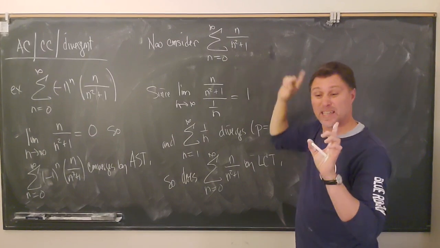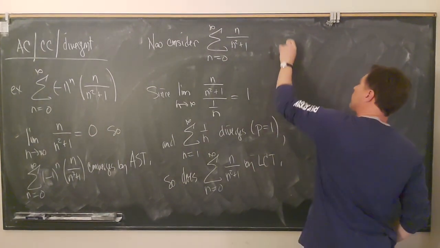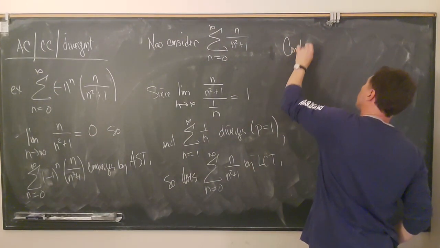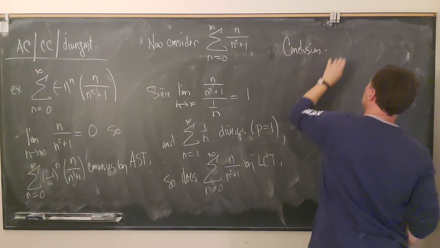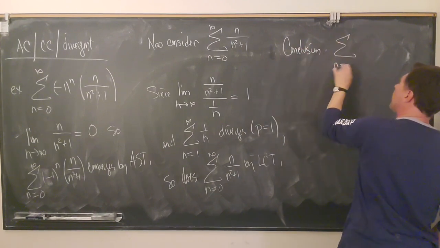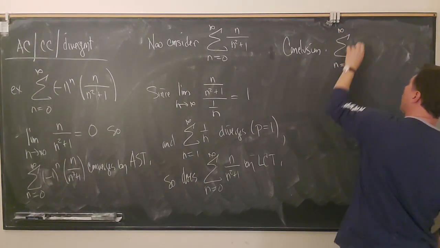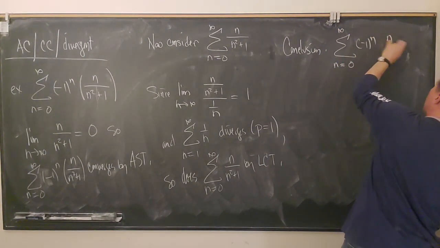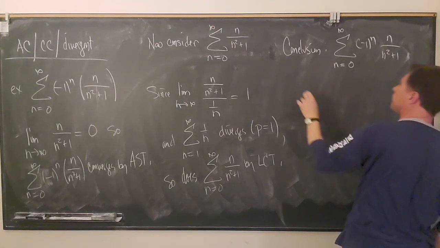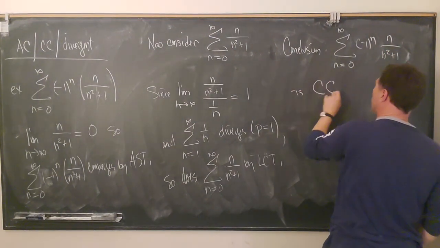So our conclusion: the sum from n equals 0 to infinity of minus 1 to the n over n squared plus 1 is conditionally convergent.